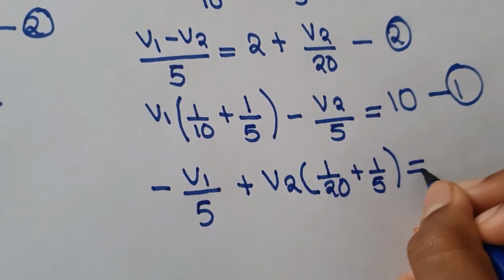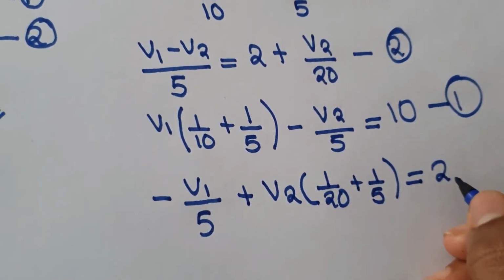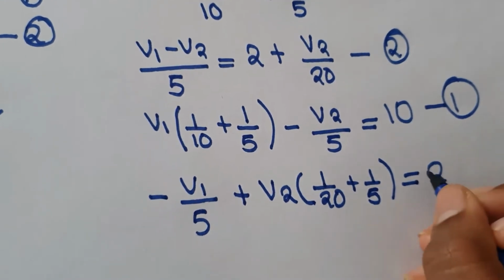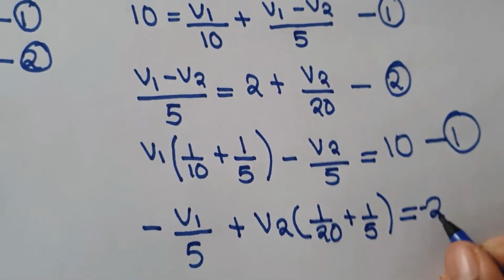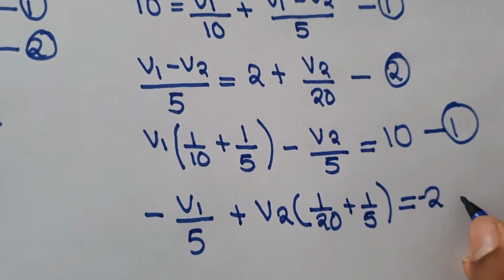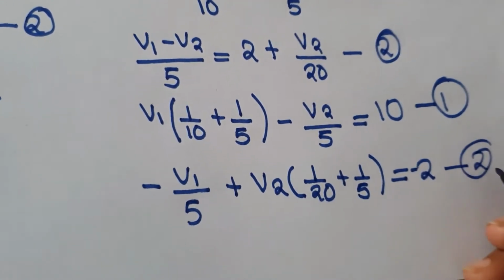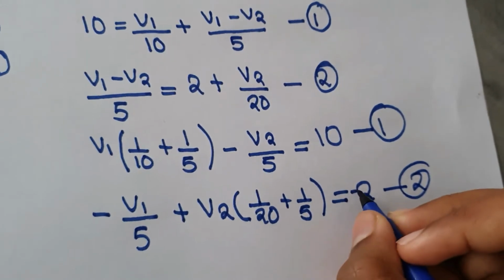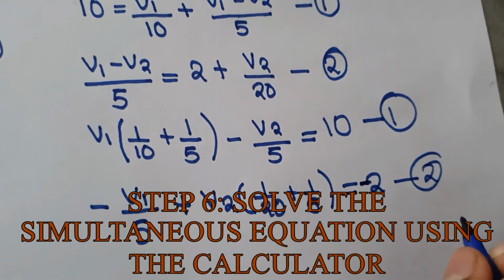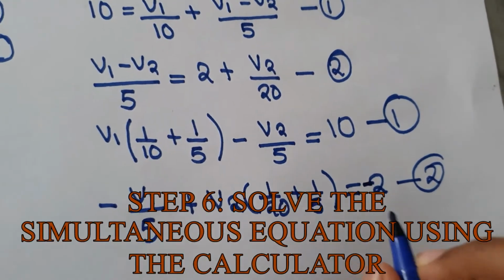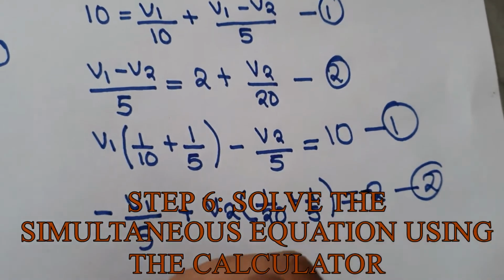That's equal to, I mean, -2, because this is -2. So this is equation number 2. Now we can directly type it down in the calculator and you will get the answer of V1 and V2.